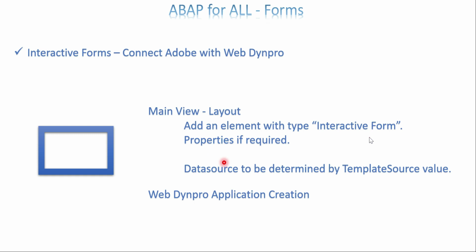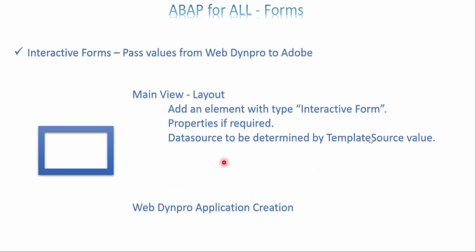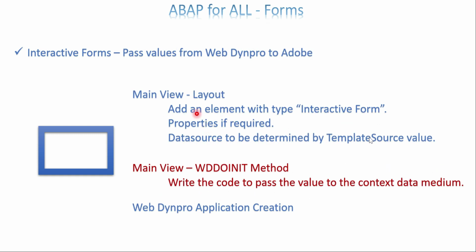The form I'm going to use is a supply list form: what is the product order, what is the material, and what is the item. It's just a slip. In that I'm going to populate some values. It's a standard form, so based on the design, I'm just going to hard code some values inside my program, inside the Web Dynpro method. That is the second case in today's video, and I'm going to follow the same thing up to this level.